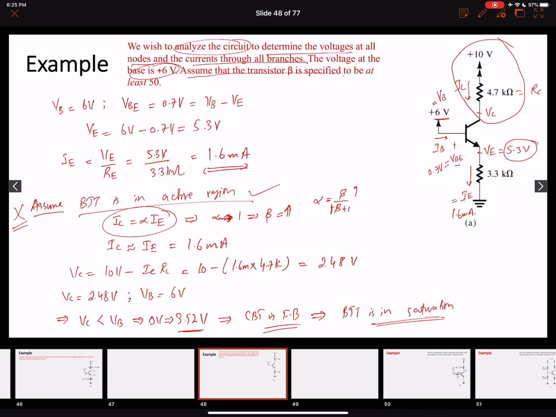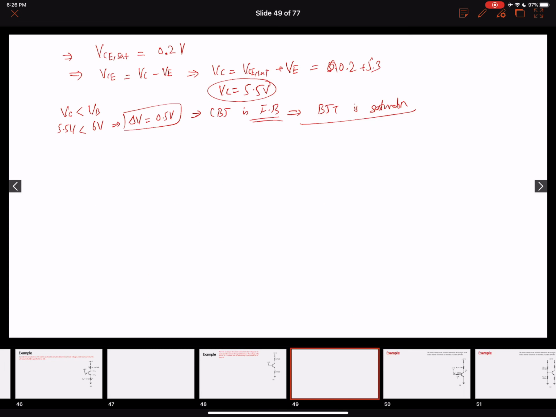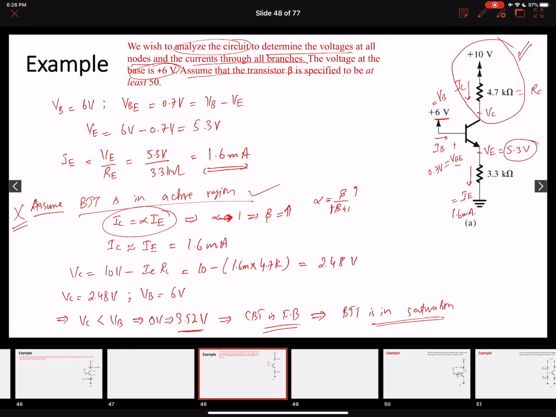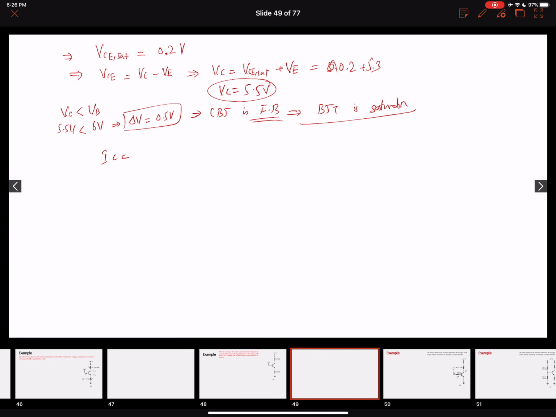Now we can again find out the value of the collector current, the new value of the collector current with this correct value of the VC voltage. So our collector current now should be equal to, solving again for this, 10 minus VC over RC. 10 minus VC 5.5 over RC 4.7K.